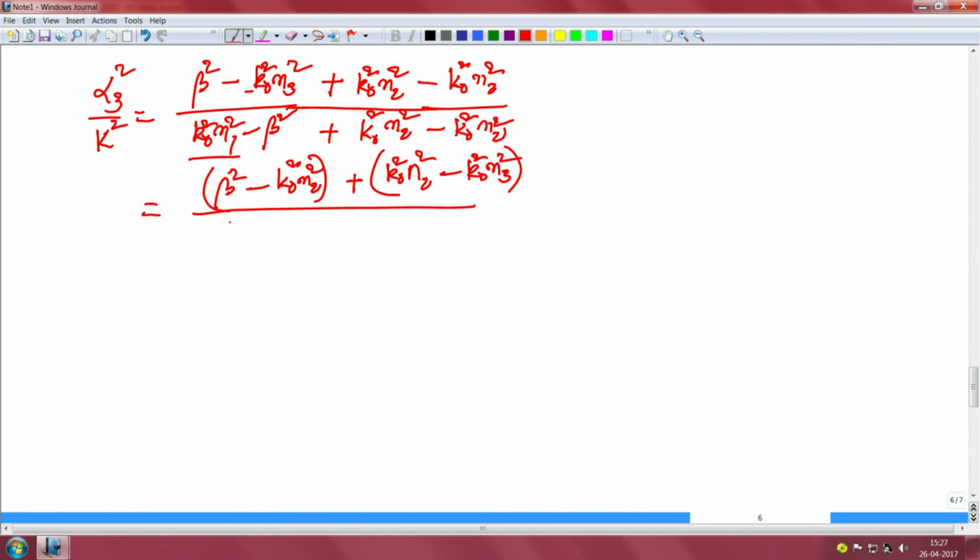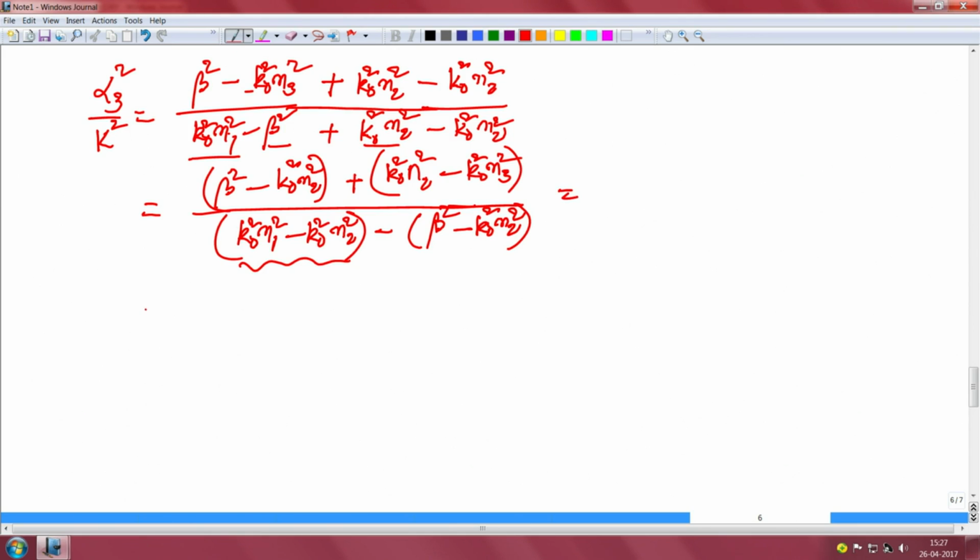Similarly, the below is k0 square n1 square minus k0 square n2 square and beta square minus k0 square n2 square. This plus is combined with this and these are combined. Now, we can once again divide by k0 square n1 square minus k0 square n2 square and reduce.